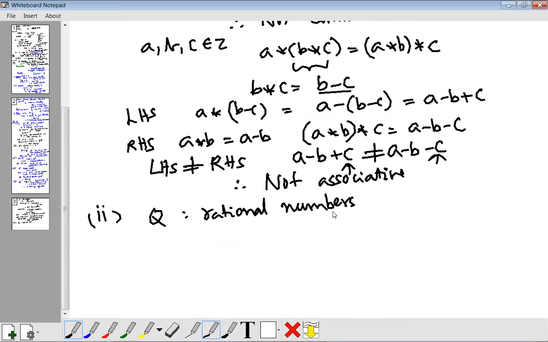A star b is defined as ab plus 1. That means whatever two numbers you take, you multiply them and add 1. The first question: is it binary?